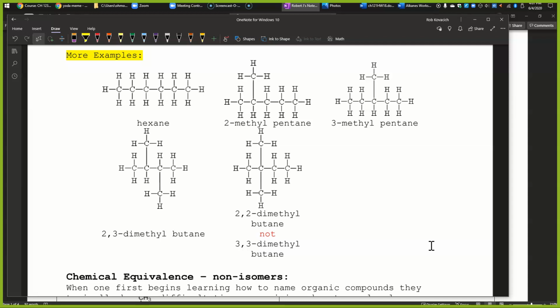Or instead of putting it on carbon number 2, I can plug it onto carbon number 3. It's still a pentane, but now its methyl group is on position number 3. I could pluck both the ends off and put one on number 2 and one on number 3, or I could put them both on number 2. Those are the only isomers for 6 carbons.